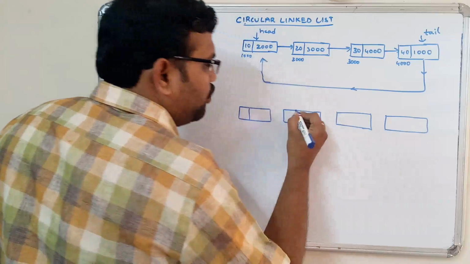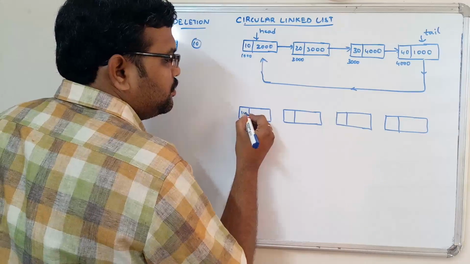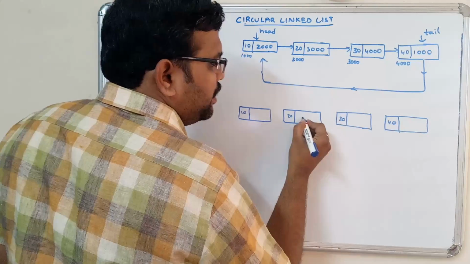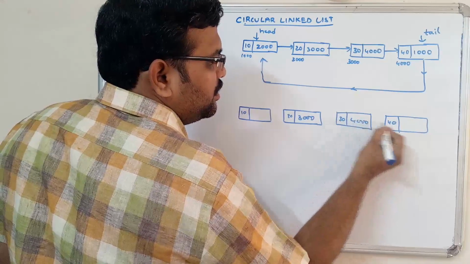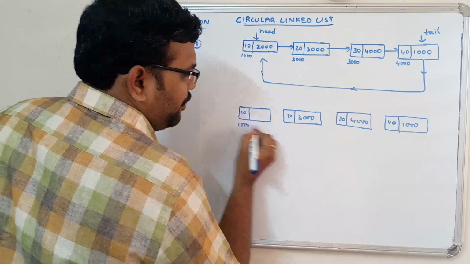So I am drawing the output so that we will write the steps. So 10, 20, 30, 40, with addresses 2000, 3000, 4000, 1000.